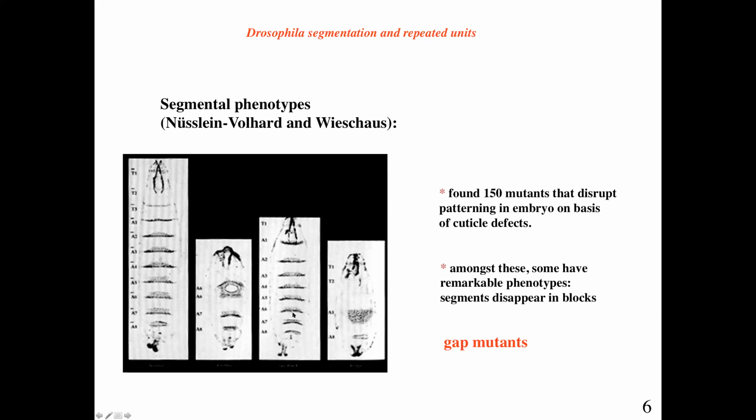But what they actually realized is that they got three types of phenotypes, which meant they could distribute all the different mutants. So in the screen, they found 150 mutants, and they could distribute these 150 mutants into three groups.